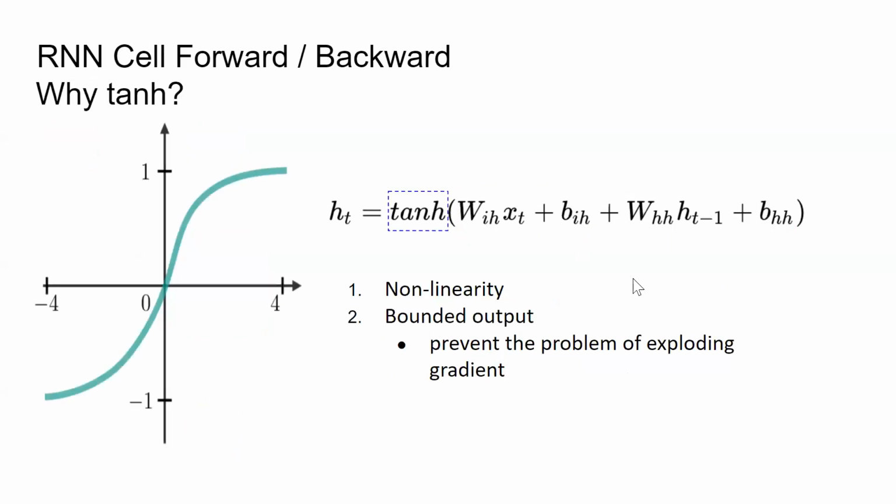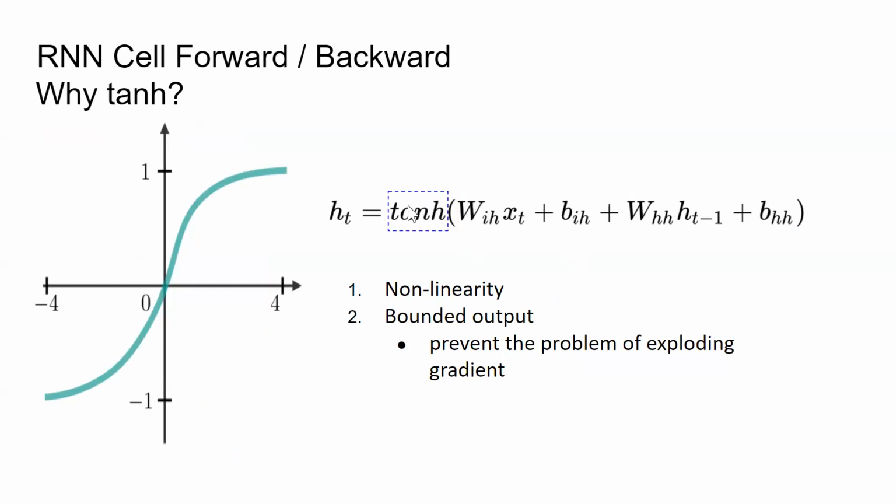Some people are curious why we use a tanh function in this case instead of other activation functions like ReLU. First of all, the reason we need an activation function here is that we want to introduce some non-linearity in our RNN so that it can compute more complex content.